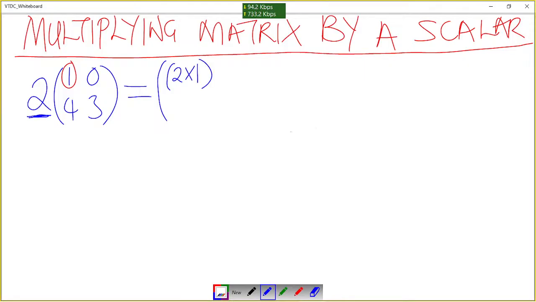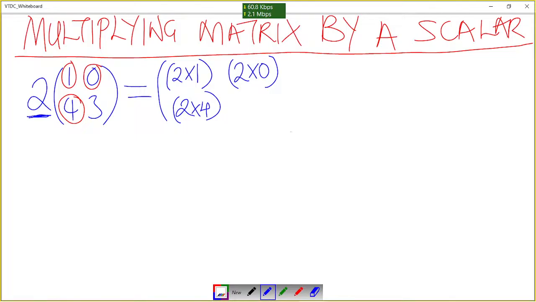Next, we open a smaller bracket and multiply 2 by 0, close bracket. Then we come down, and since we have come here, we are going to multiply with the number that occupies this position, which is 2 times 4.